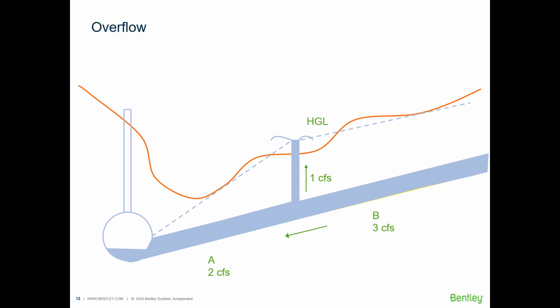If surcharging leads to an overflow, as shown here, hydrologic routing requires that the user specify some sort of rating curve in order to model what happens at that overflow. And it's not always easy to determine this rating curve for each manhole or catch basin in your system. Now, if you are using the implicit or explicit solver, they automatically calculate the overflow using the weir equation.